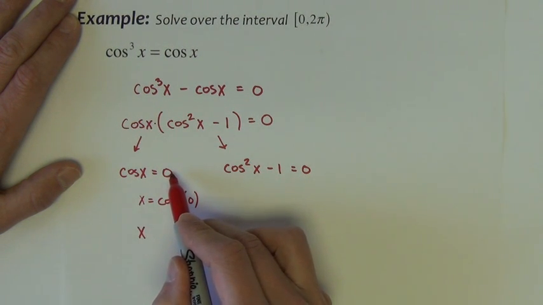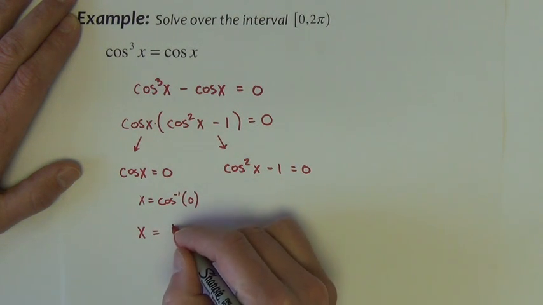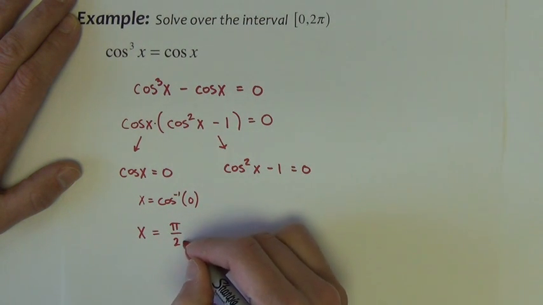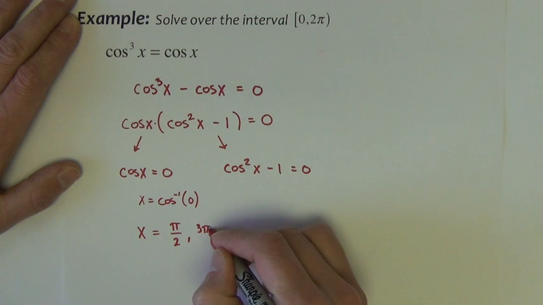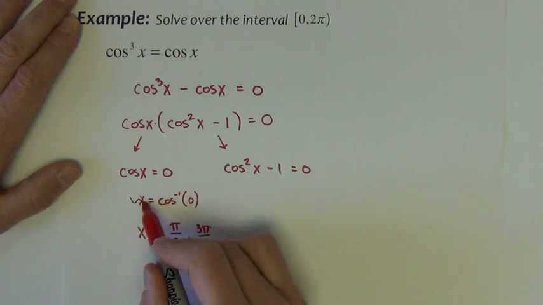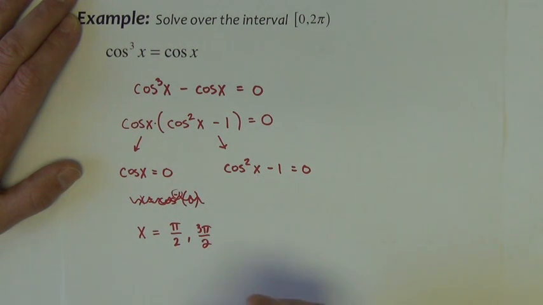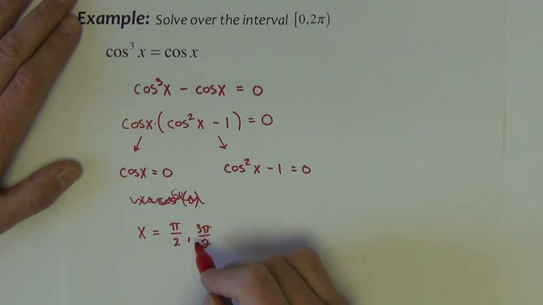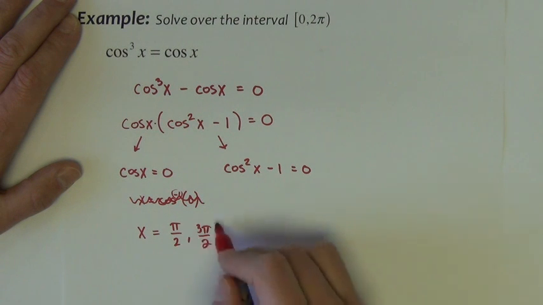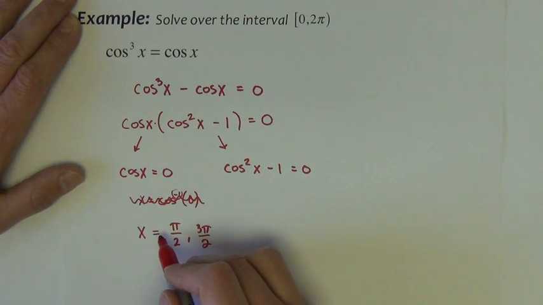Well, cosine is the x coordinate on the unit circle, so that would have values of 0 at pi over 2 and 3 pi over 2. I typically don't write it like this, because then I might tie myself to domain restrictions of inverse cosine, in which case I'd throw out one of these answers. So I'm going to just leave it as this. I typically go from here to here.